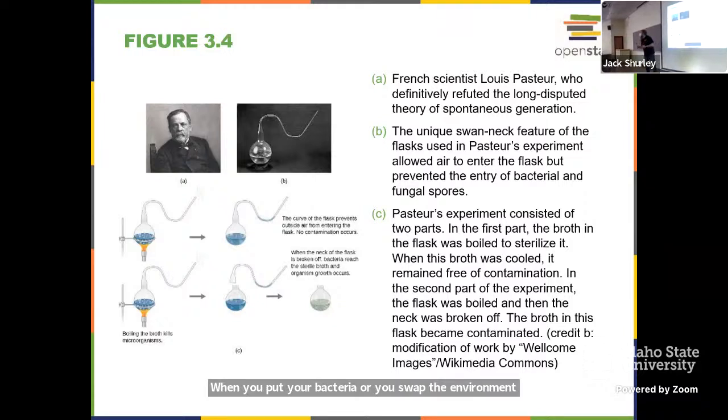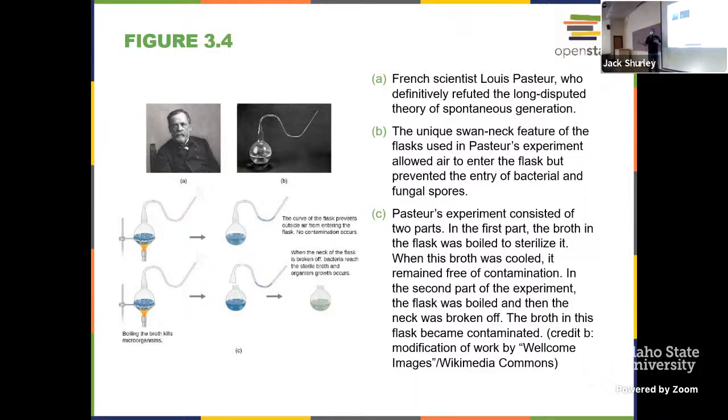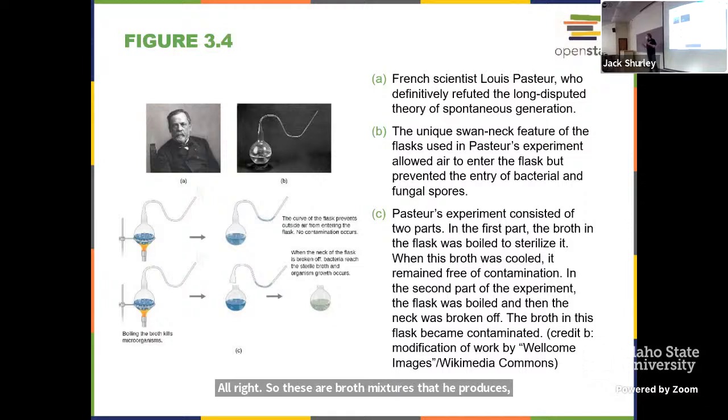You got to give them some sort of food, right? Like that slab of meat we saw with the maggots feeding on, right? So these are broth mixtures that he produces, and they are meat broths, meat infusions, right? So he takes something and cooks it up, right? And gets all of this broth, and there's lots of good stuff in there that things could potentially grow in.